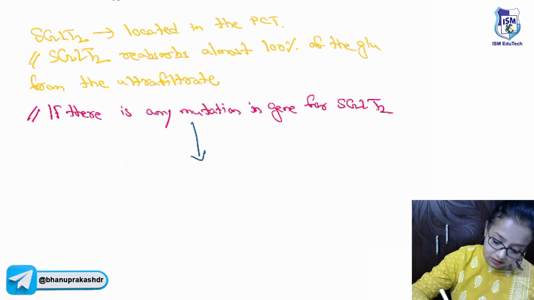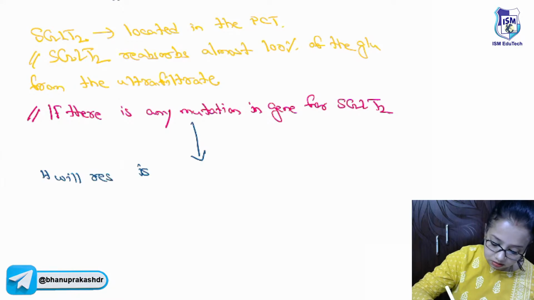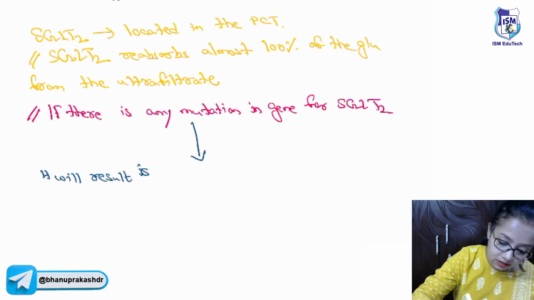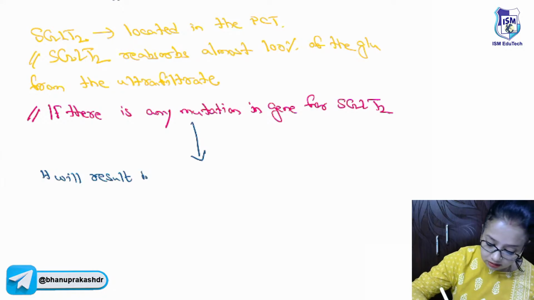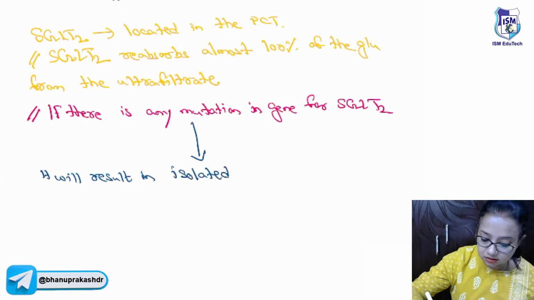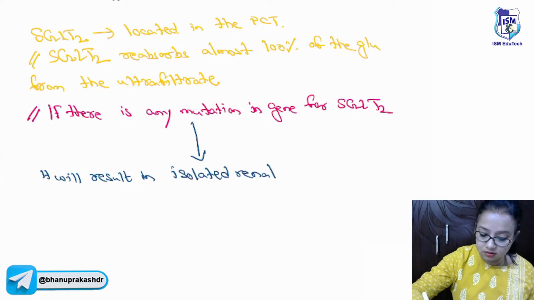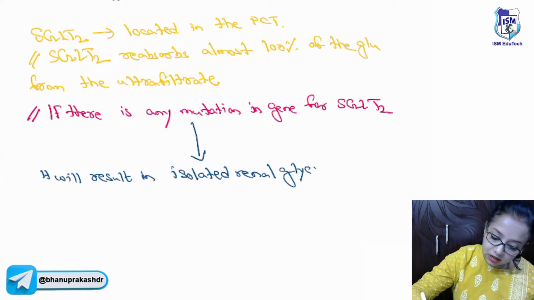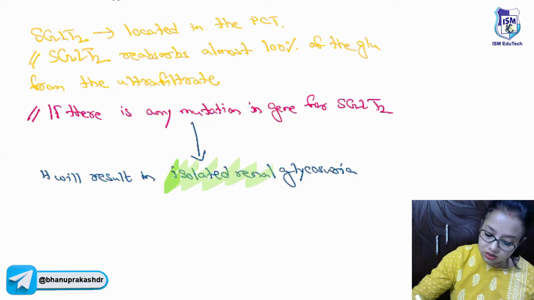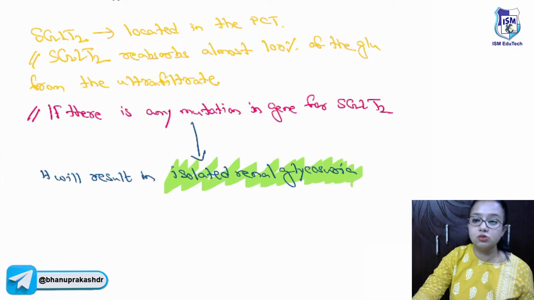It will result in isolated renal glycosuria. Okay, it will result in a condition which is called isolated renal glycosuria.